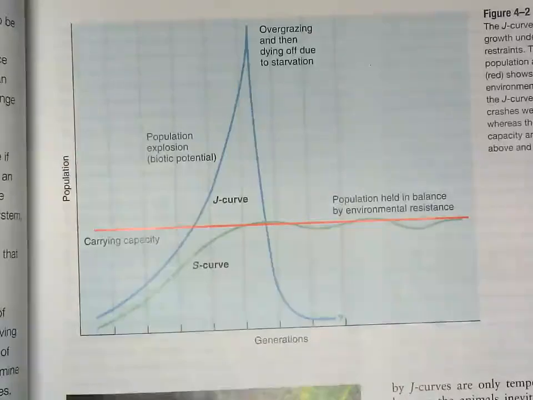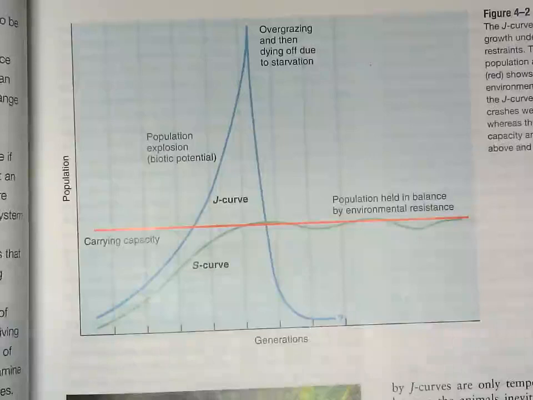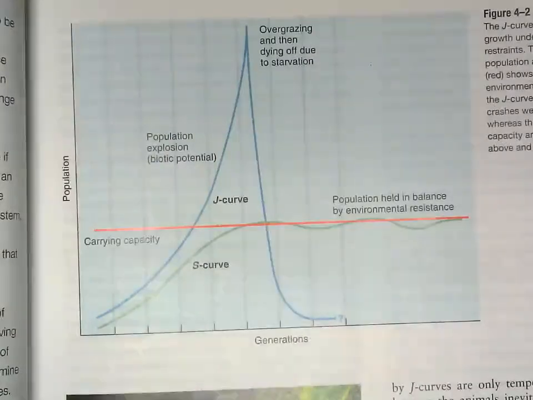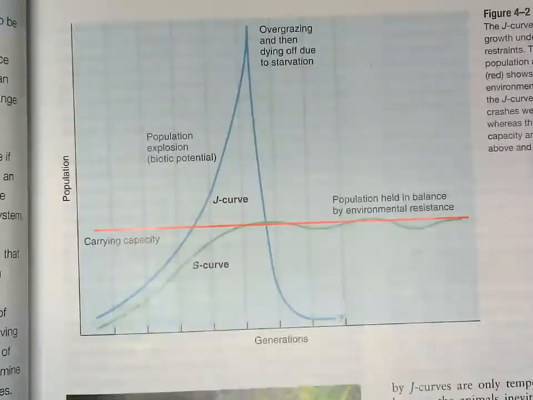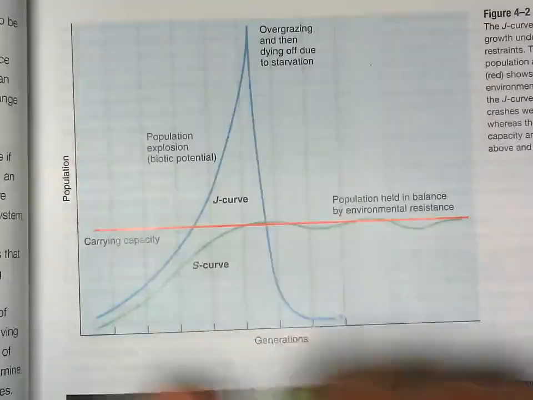Okay. The cause of a J curve population growth, the exponential growth, is typically a lack of any kind of predator or anything that would keep the population in check. So it's a lack of environmental resistances in a J curve.